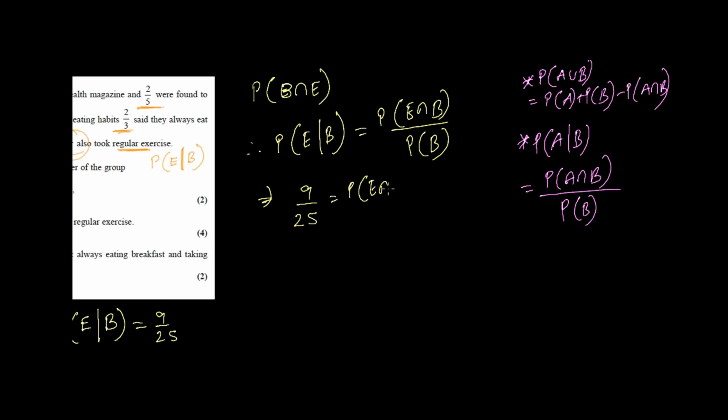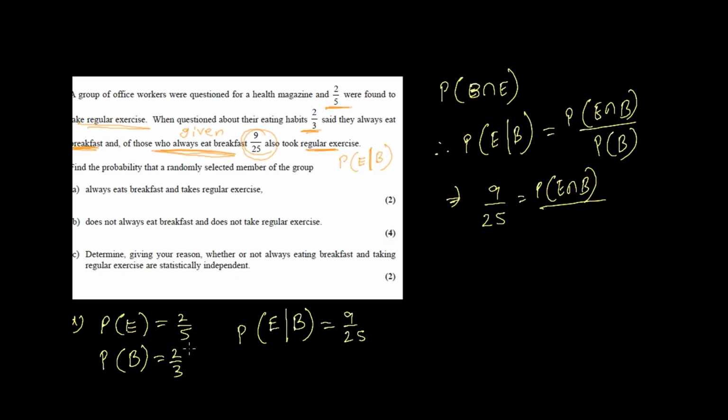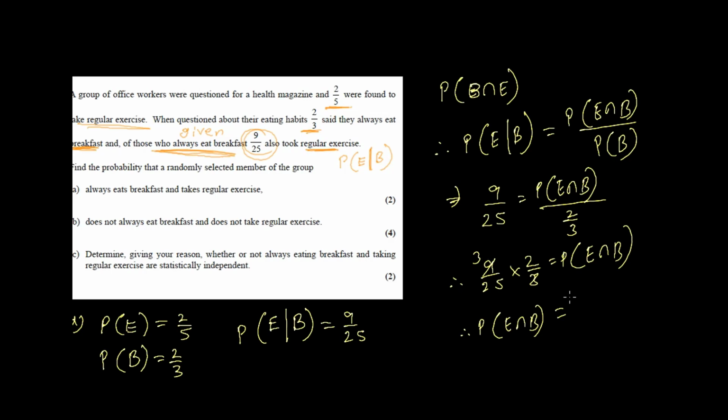Probability of E intersection B is what we have to find, and the probability of B is 2/3. Therefore 9/25 multiplied by 2/3 is the probability of E intersection B. If we multiply, 3 3s are 9, so this would be 6/25.